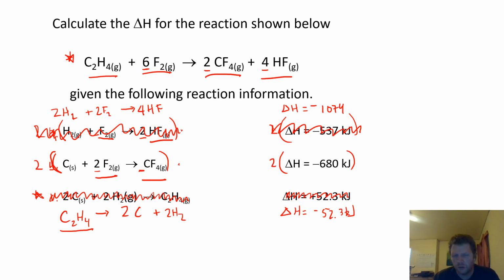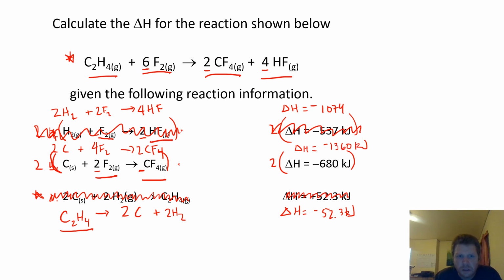Keep in mind this reflects that it's an extensive property. Whenever I double my reactant quantity, I'm doubling my delta H. So that's 2C plus 4F2 yields 2CF4. And what does that mean for my delta H? My delta H has now become negative 1360 kilojoules.